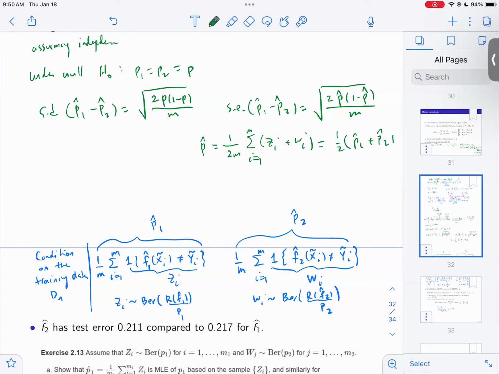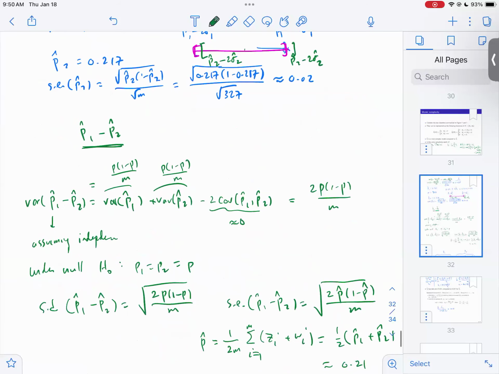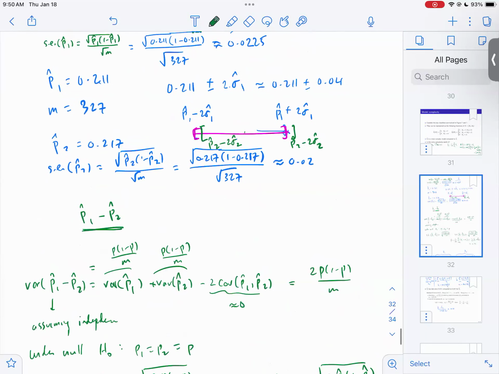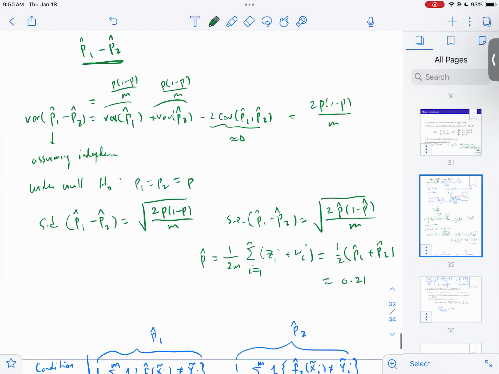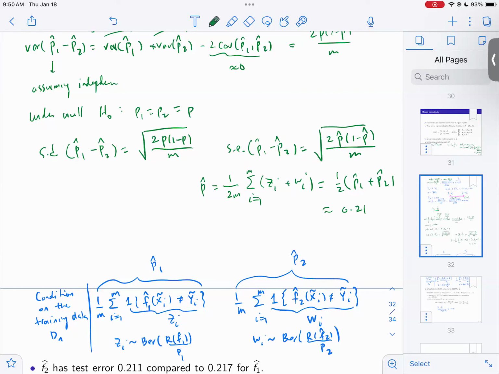It's rather simple, a cool estimate of P under the null. You can plug it in there. It's probably a better estimate of the variance. In our case, it would be roughly 0.021, or 0.02. You can do a rough calculation. The real thing that matters is this.